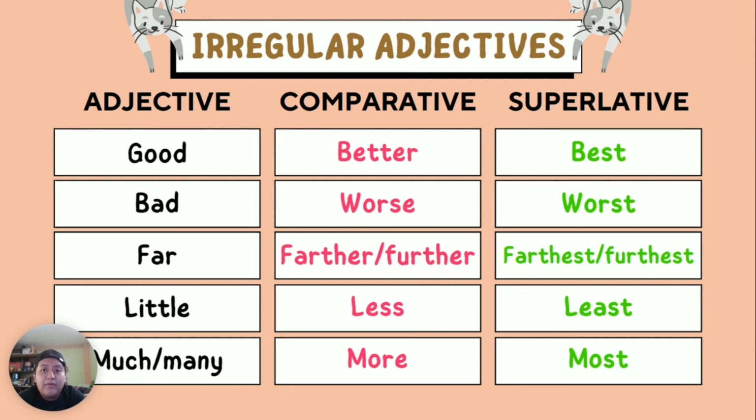Good, better, best. Bad, worse, worst. Far, farther, further. Farthest, furthest. Little, less, least. Much, many, more, most.